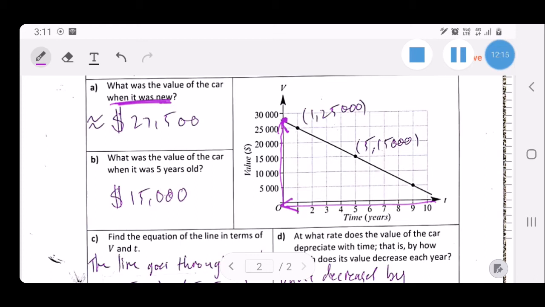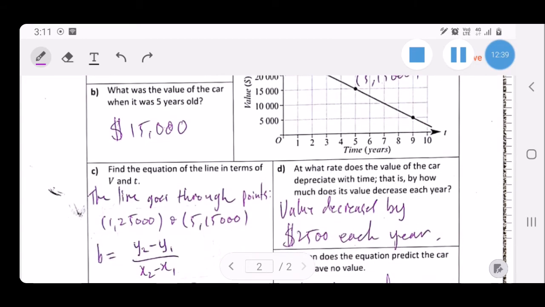But I can't be 100% sure that that's not $27,400 or $27,498. So I'm going to say that the value of the car when it was new was approximately $27,500. That's what those squiggly brackets mean, okay?